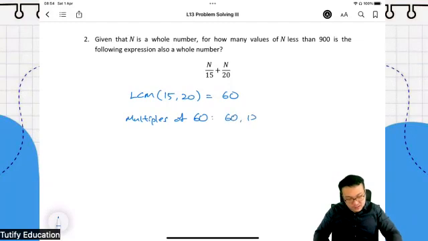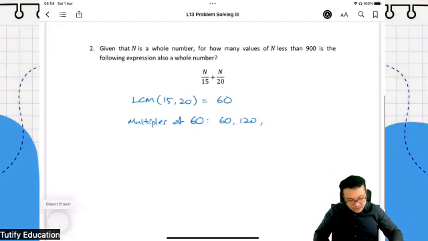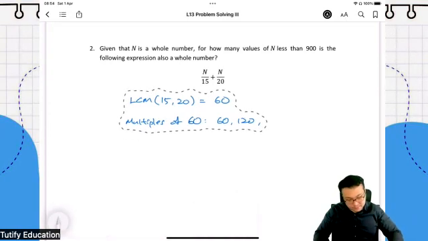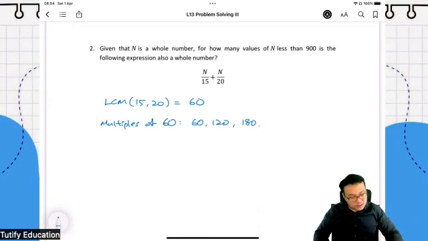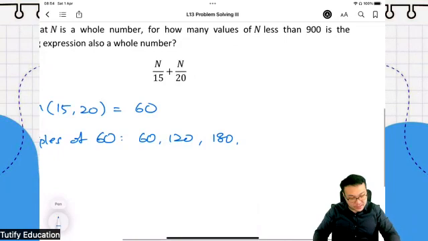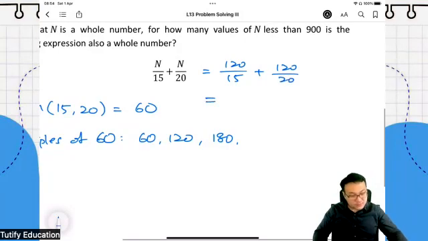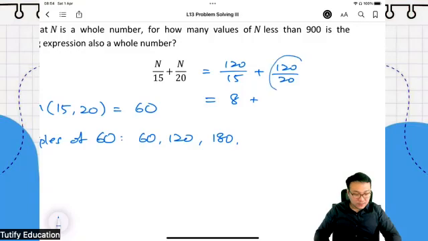You have 60, 120, 180. Do you agree that if you have 120 divided by 15 plus 120 divided by 20, you will get a whole number answer? 120 divided by 15 is 8. 120 divided by 20, what do you get? 6.